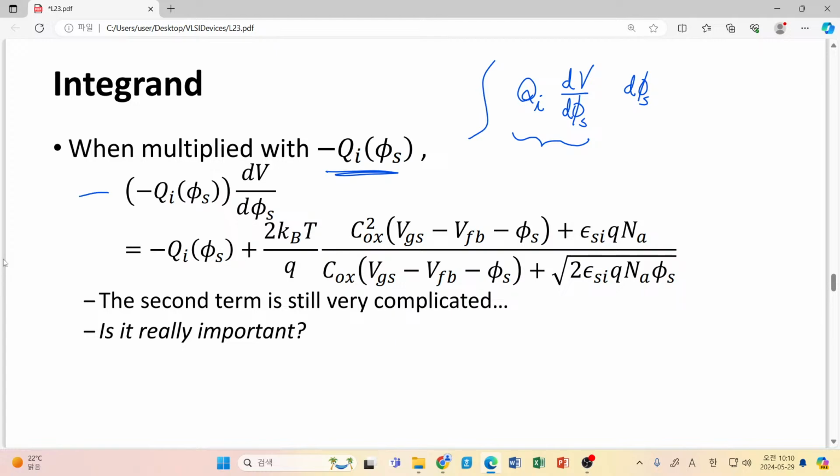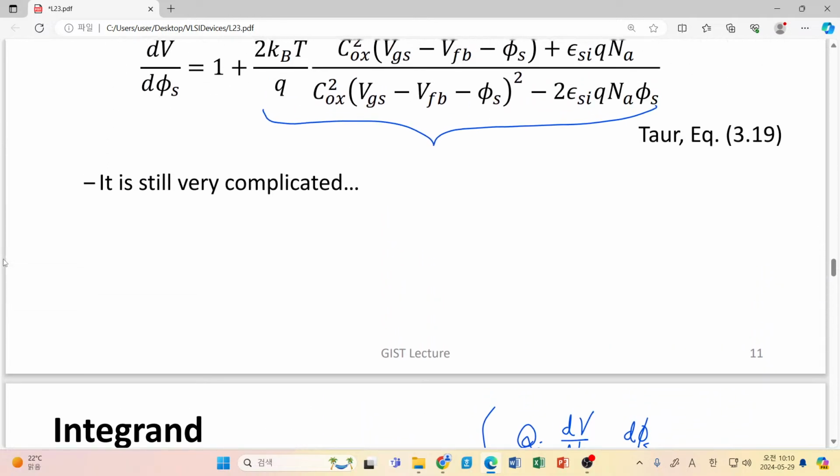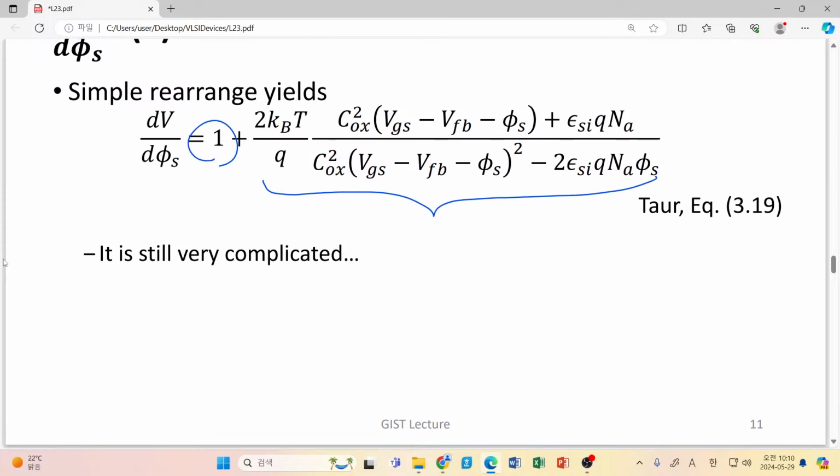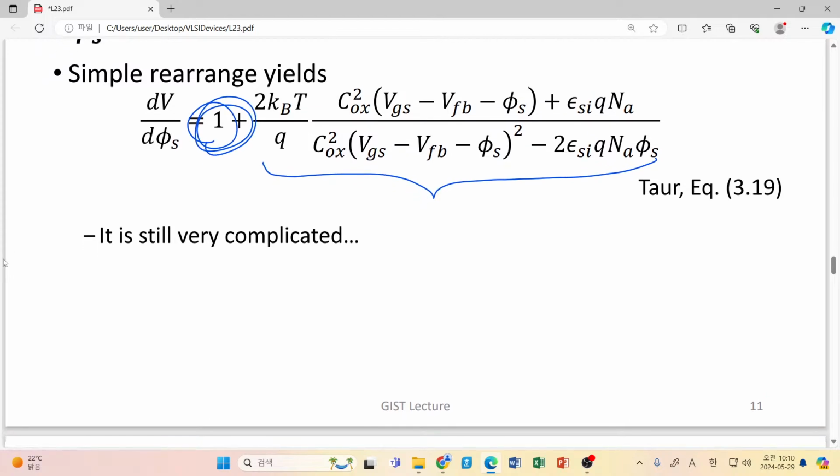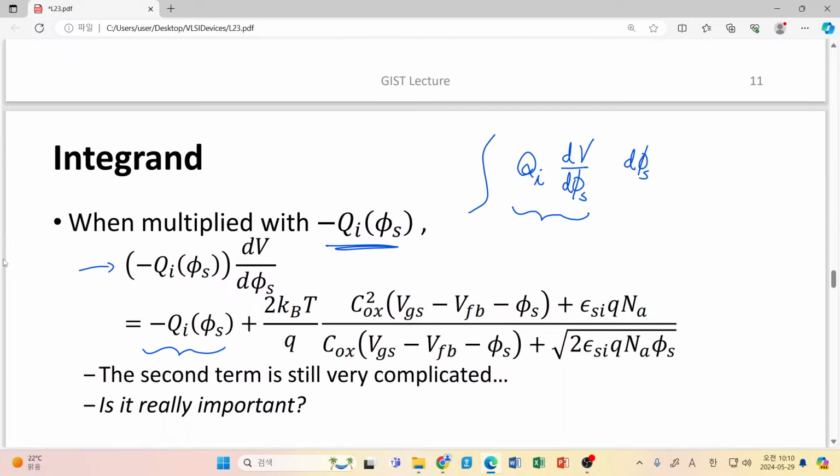The overall integration of our drain current expression is just given as Qs itself. Why do we have this minus Qs term? It originates from our major factor number 1. This number 1 gives us just the minus Qs term, and now you can understand this second term originates from our second term of dv over d phi s.